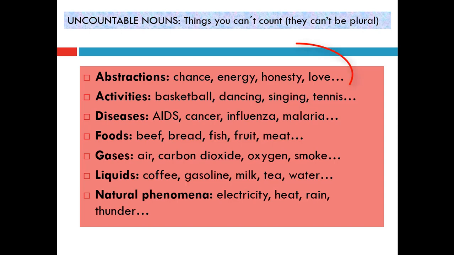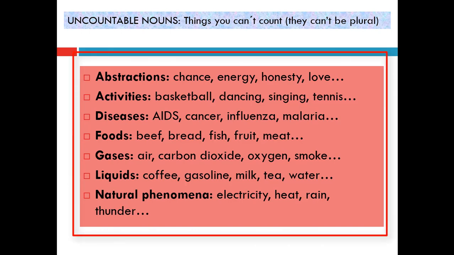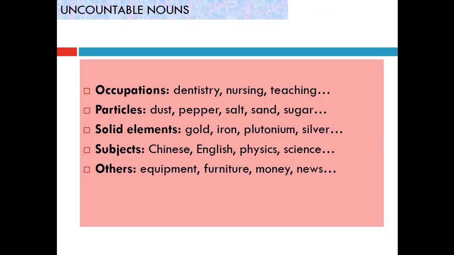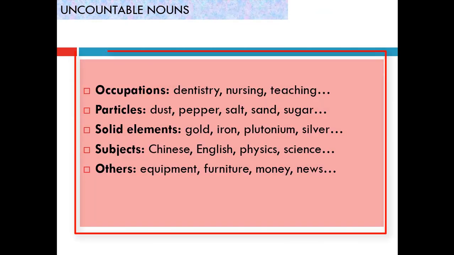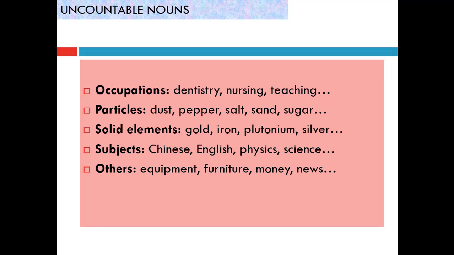So they are uncountable nouns and they are always singular by nature. There are some examples of uncountable nouns, and you can read the examples there by yourself. Activities, basketball, dancing, disease, foods, gases, liquids, natural phenomena, occupations, particles like solid elements, and also subjects and others.